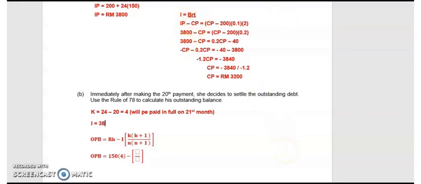So IP just now 3,800, cash price 3,200. So interest is 600 ringgit. Okay, multiply by K, 4, multiply by K plus 1, so 4 plus 1, divided by N, 24, multiply by 24 plus 1.